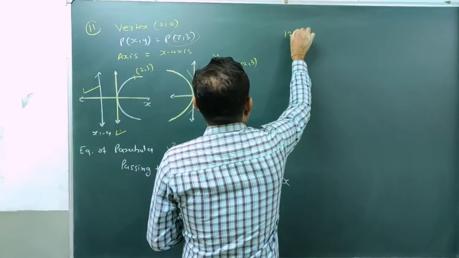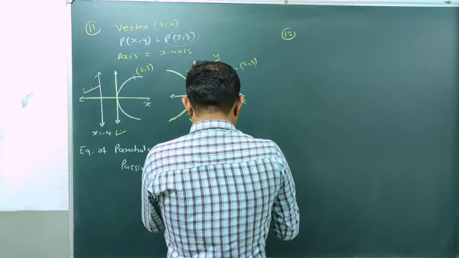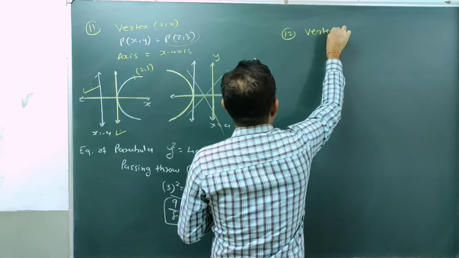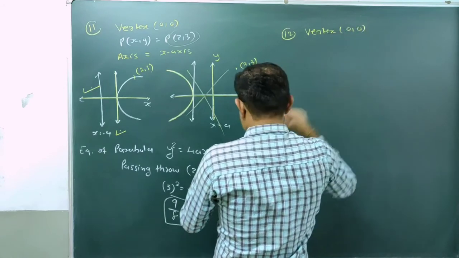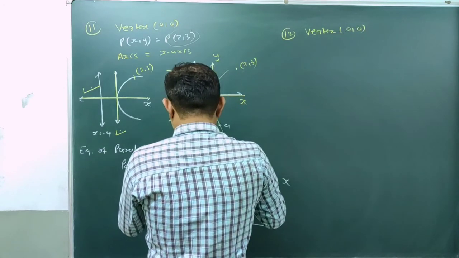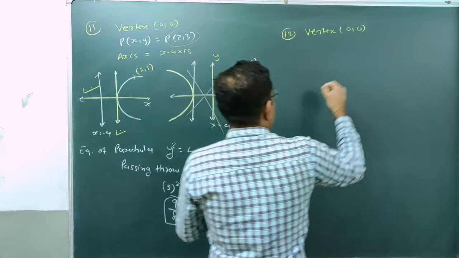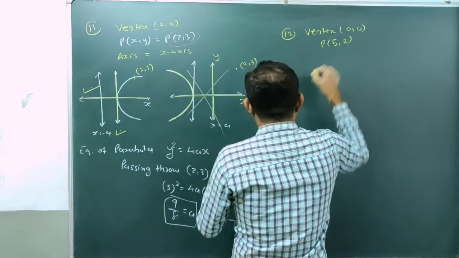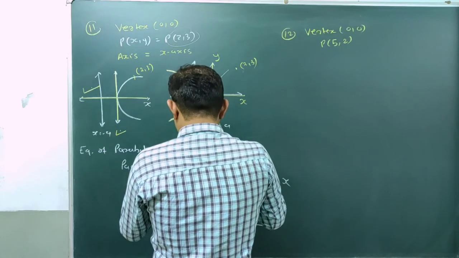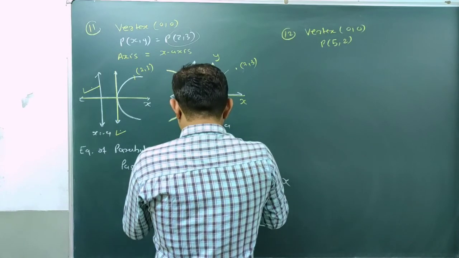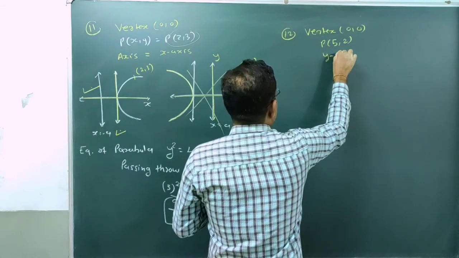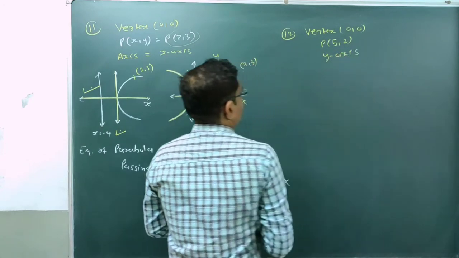Next is question number 12. So here condition is parabola is passing from the vertex (0, 0) and passing through the point (5, 2) and symmetric with respect to y-axis. Axis of parabola is y-axis.